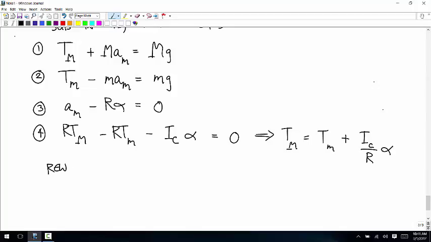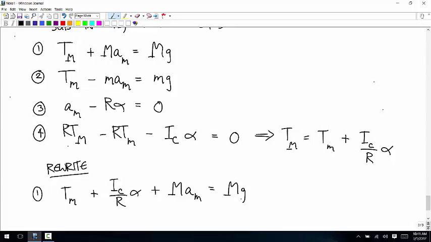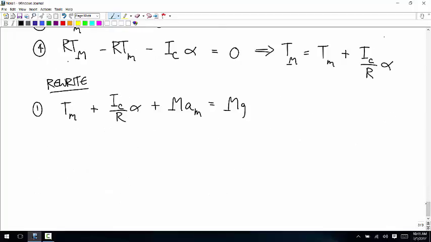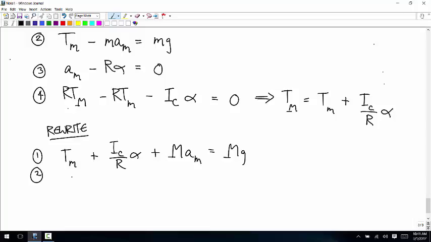And now I'm going to rewrite these equations again. So we have T little m plus I sub c over R alpha plus big M A little m is equal to big M G. And then we have T little m minus little m A little m is equal to little m g.